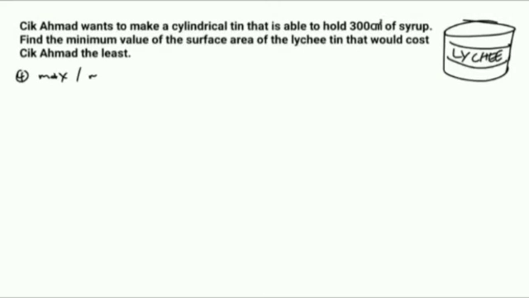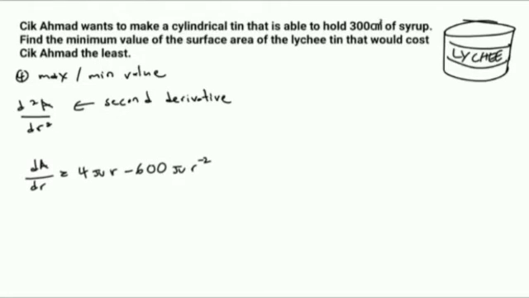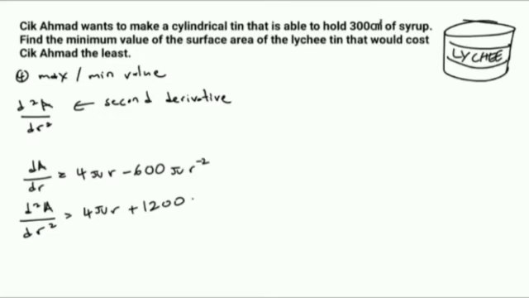Finally, we need to find whether it is a maximum or minimum value. d squared A over d r squared is our second derivative. Right now, we know dA over dr equals 4 pi r minus 600 pi r to the power of negative 2, while d squared A over d r squared equals 4 pi plus 1200 pi r to the power of negative 3.